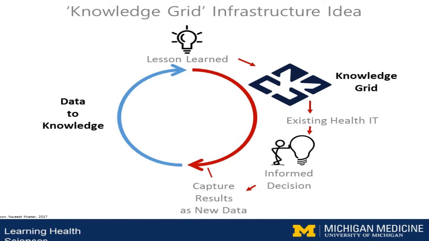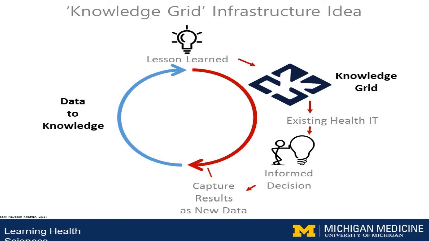So now you know what the knowledge grid is. The knowledge grid is a piece of infrastructure that fits right here in the learning health system cycle. And I want to emphasize something very important. Our work is not an infrastructure to support the whole cycle. We're focused on a major challenge here, which is to build out a knowledge organization and knowledge management capability that we think is needed by a learning health system.